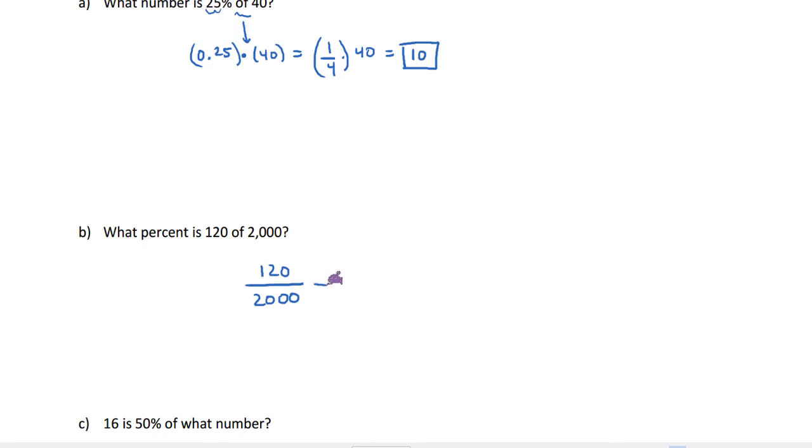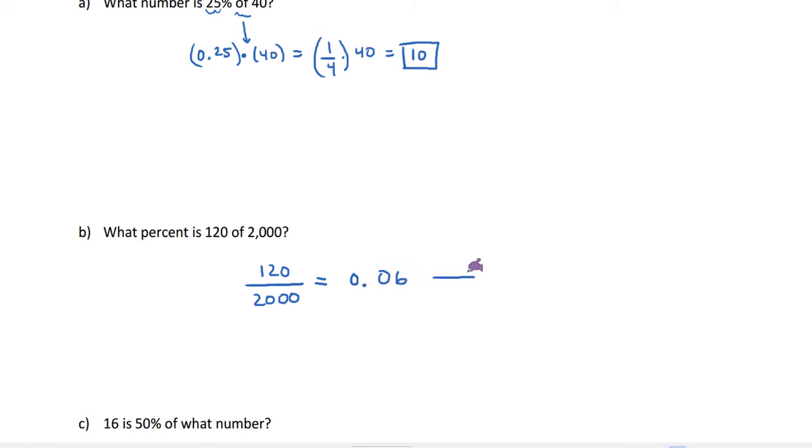So if you do this division, what are we going to get? If you divide these, we will get 0.06 as an answer.